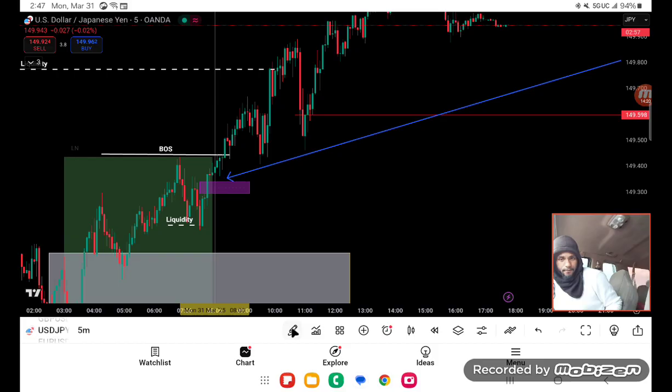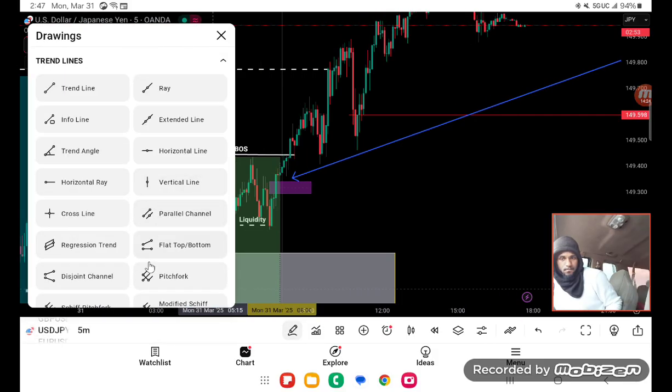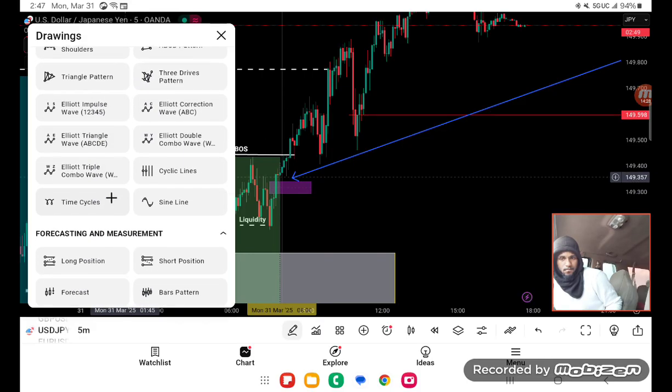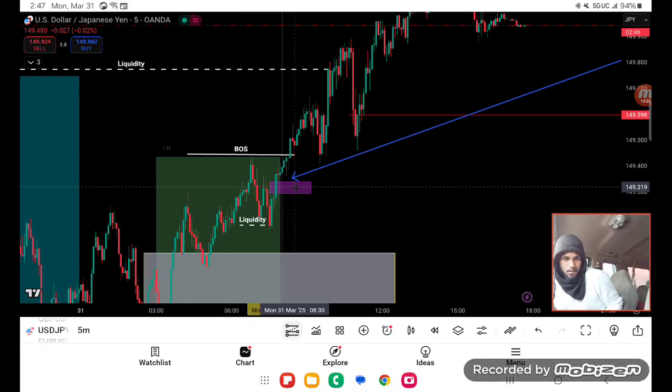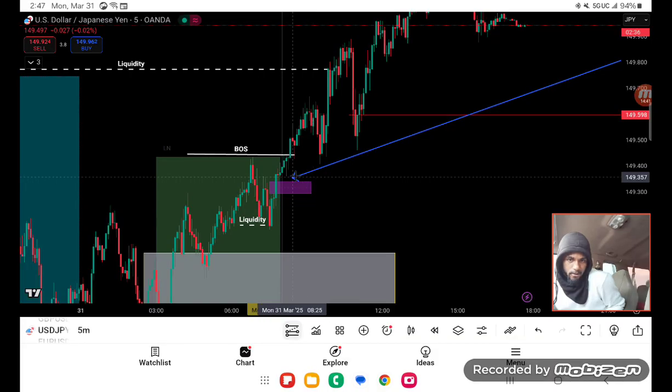Price created that fair value gap. My entry, price created the fair value gap.